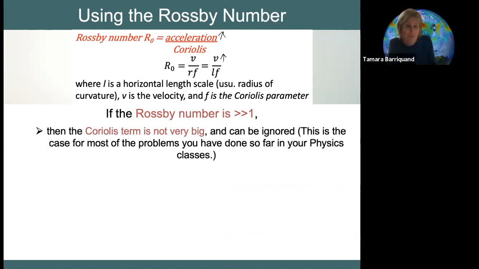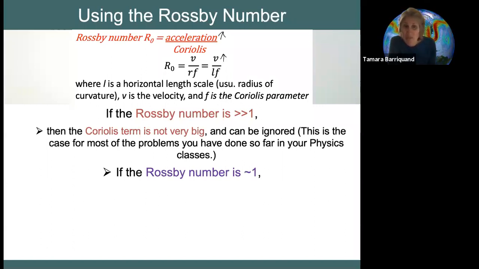So we can just say, oh, we got a big Rossby number. That's what most of the things have been like that you've seen so far in any physics problem. We're not going to worry about Coriolis. That's what you've seen so far, having a big Rossby number, much, much bigger than 1, where the velocity is much bigger than the length scale times the Coriolis parameter.